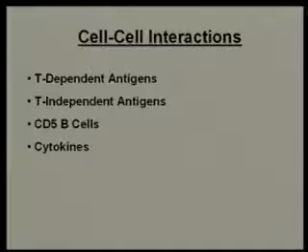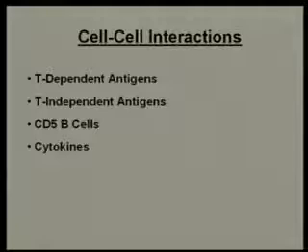Okay, the last lecture here, we're going to talk a little bit about some cell-to-cell interactions. In the first part, we're going to talk about what is required for the B-cell response. I know Dr. Merritt discussed a lot of these different aspects, but what I'm going to concentrate on here is the cell-to-cell interactions that are required. We'll discuss the T-dependent as well as the T-independent antigens.